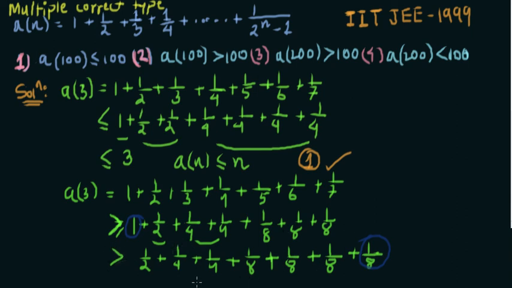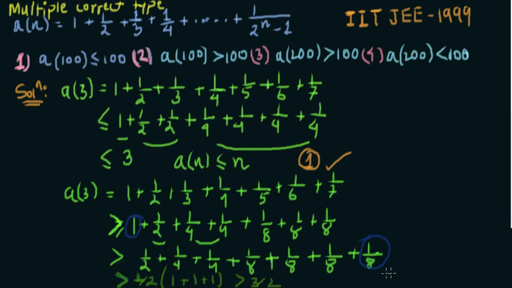Okay, so now summing up this part is really easy. So if you think about it, you take common 1 by 2 will come out, and we get 1 plus 1 plus 1. So it is greater than 3 by 2.